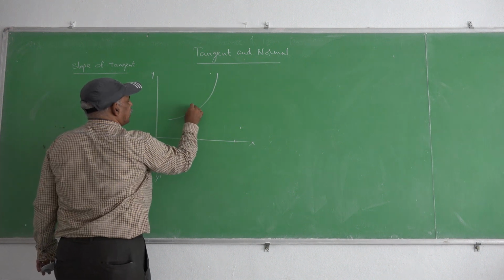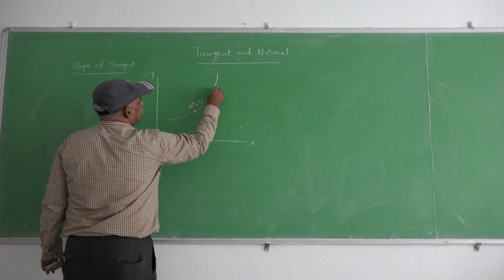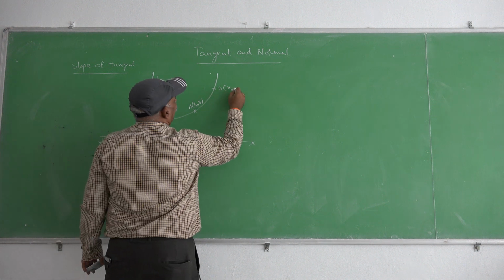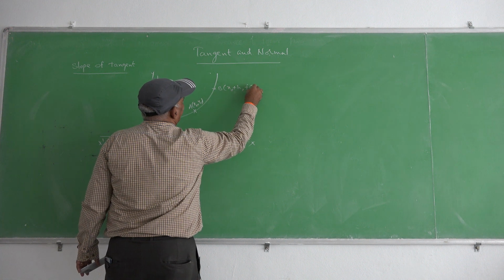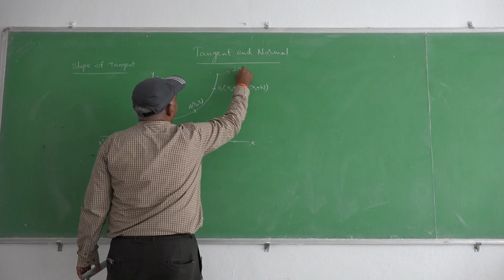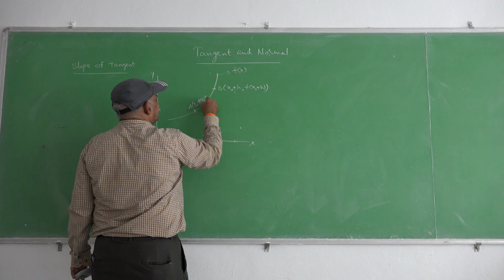Let us consider, of course, this is x naught, y naught. This is x naught, and this is x naught plus h, and f of x naught plus h, where this function is f(x). Of course, this is also considered as f of x naught.